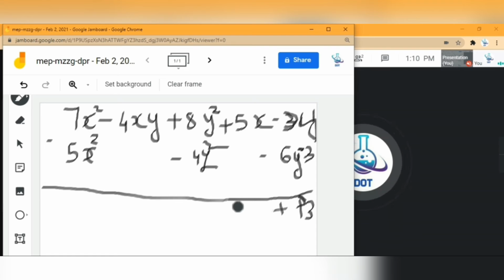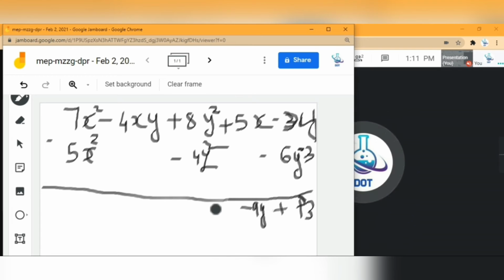After it comes minus 9y, that is minus 6y minus 3y, which is minus 9y.